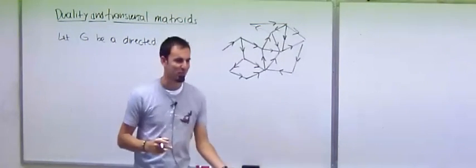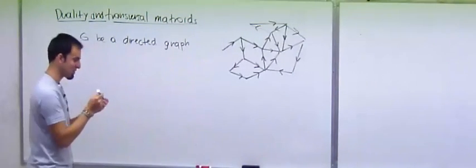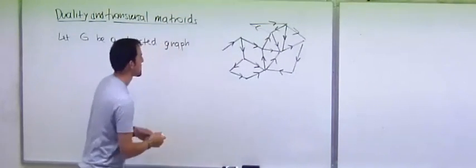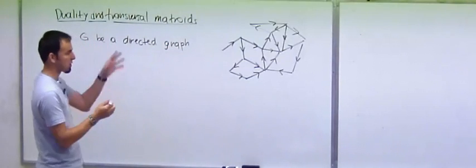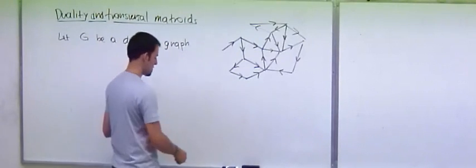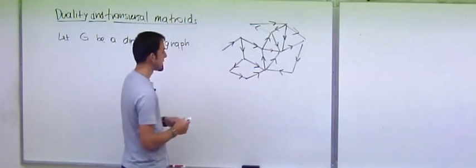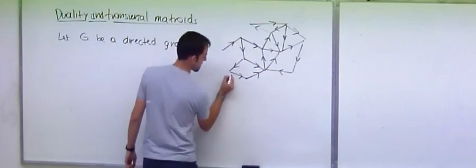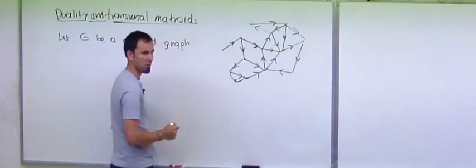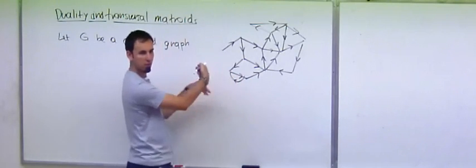Just draw your own graph, because it's going to take you a while to draw the same one that I drew. So there's a directed graph. There's vertices, there's edges, and each edge has a direction. You might have something like this. Sometimes you might have two parallel edges that point in different directions. That's fine.